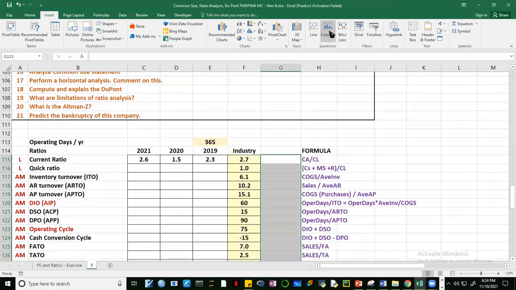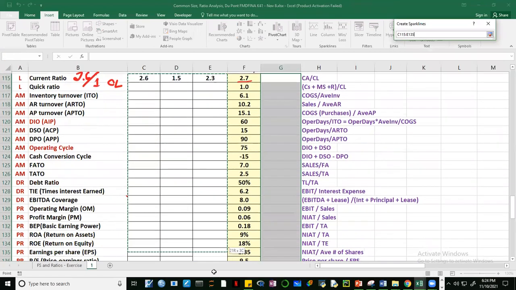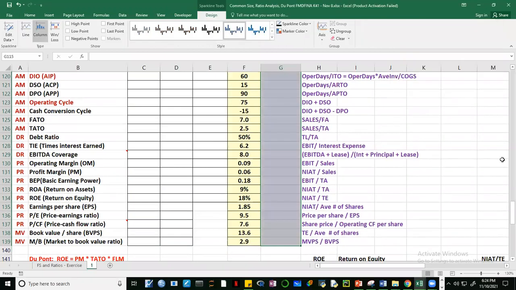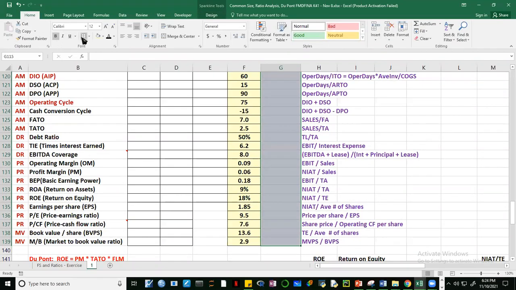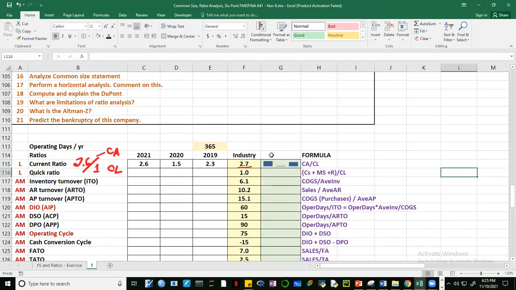Column. Okay, and then our data is this one. Okay, and then lagyan ko na lang ng borders. Okay, all right. Because you can still modify this, no?